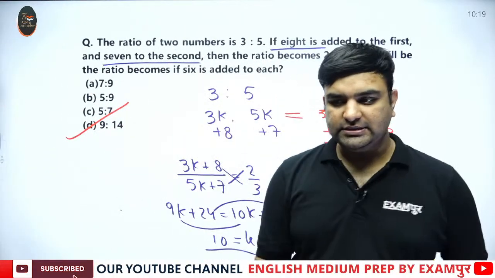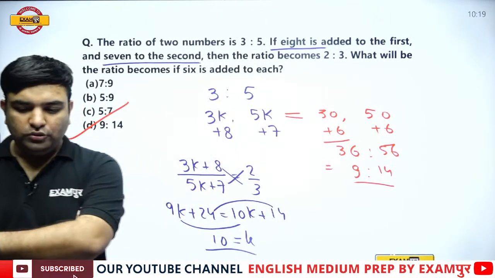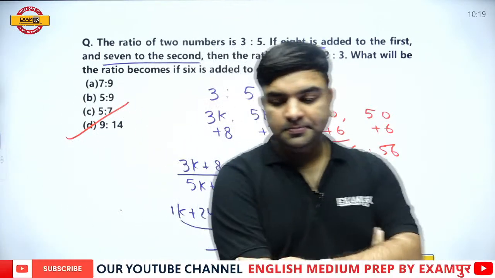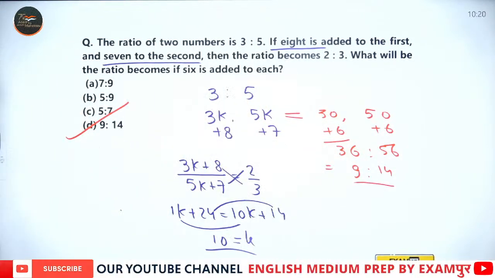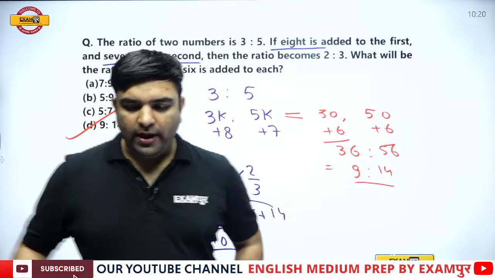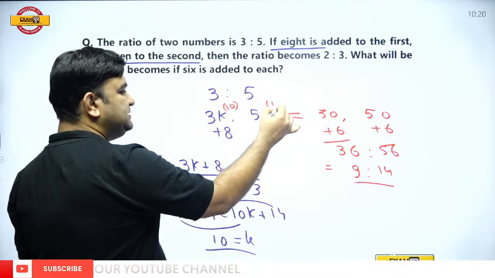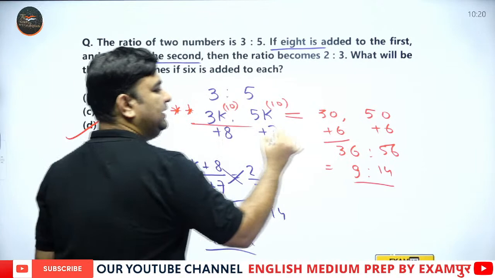What about the others? Clear to all? So your actual numbers were 30 and 50.